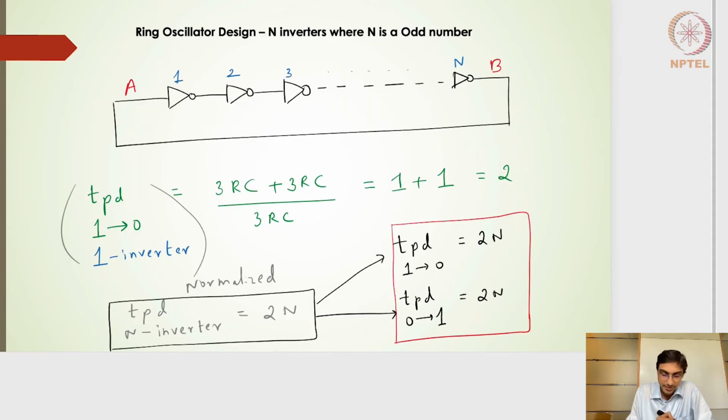Okay, moving forward. The ring oscillator is designed using cascaded inverters, and the output of the nth inverter is fed back as an input to the first inverter. So the output of this is nothing but the input of this. If I probe at any point A and B, that will give me a signal which we call an oscillating signal.